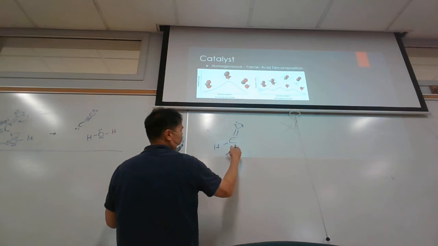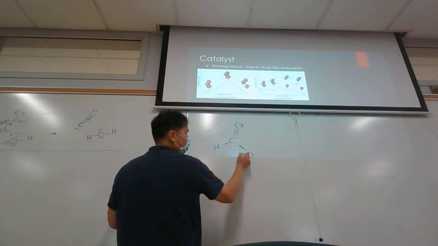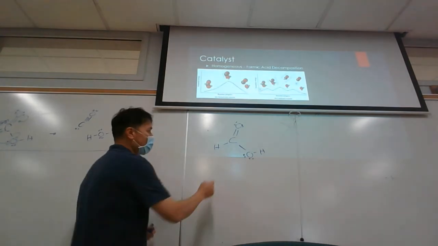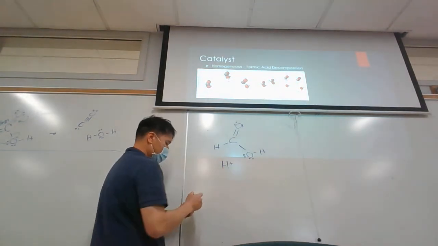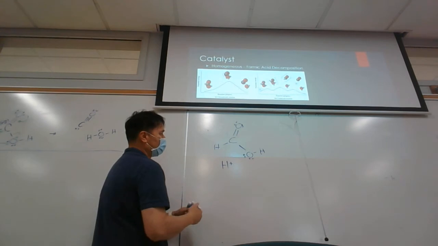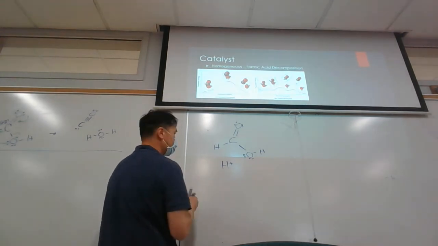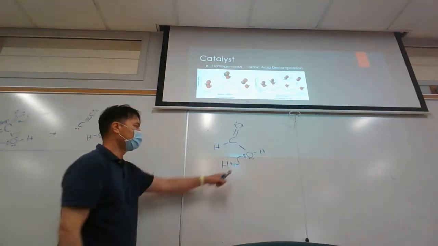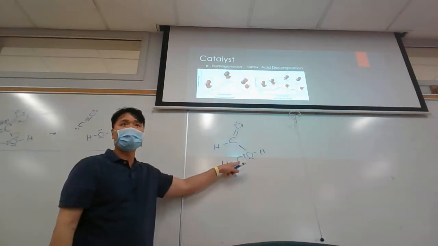So rather than this oxygen trying to pluck off this hydrogen from the carbon, if we have some acid readily available, H+, then there's no fight here. And this could easily just go ahead and pick up this. This is an empty s orbital. So we'll create an sp3-s sigma bond here.